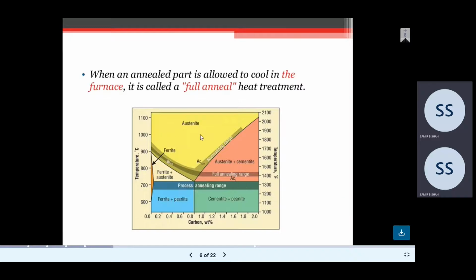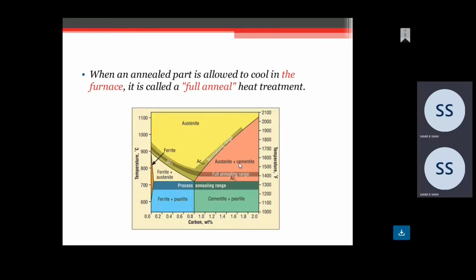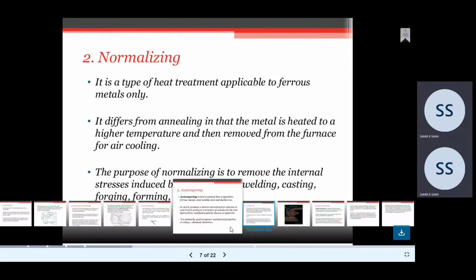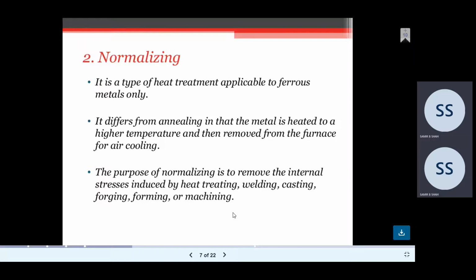Here the yellow portion indicates austenite, while the orange portion is the mixture of austenite and cementite, as we know from the iron carbon diagram. When the material is allowed to cool in the furnace, it is known as full annealing. Sometimes it may be asked in your exam.